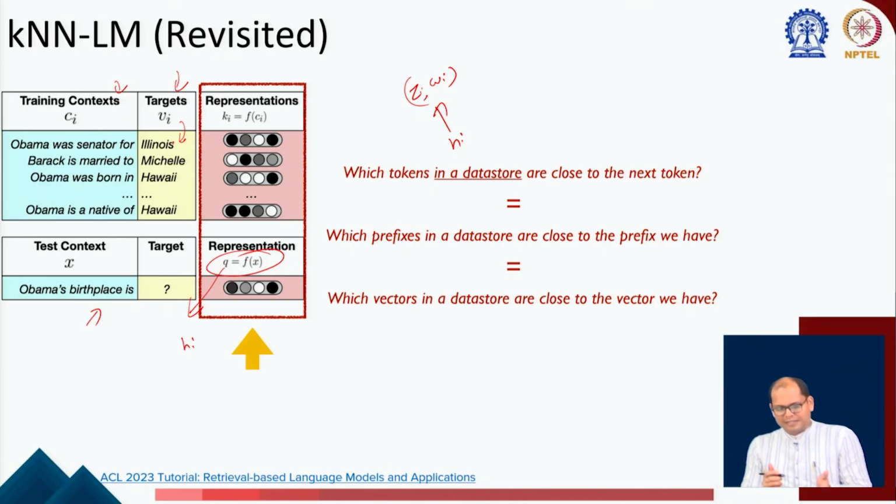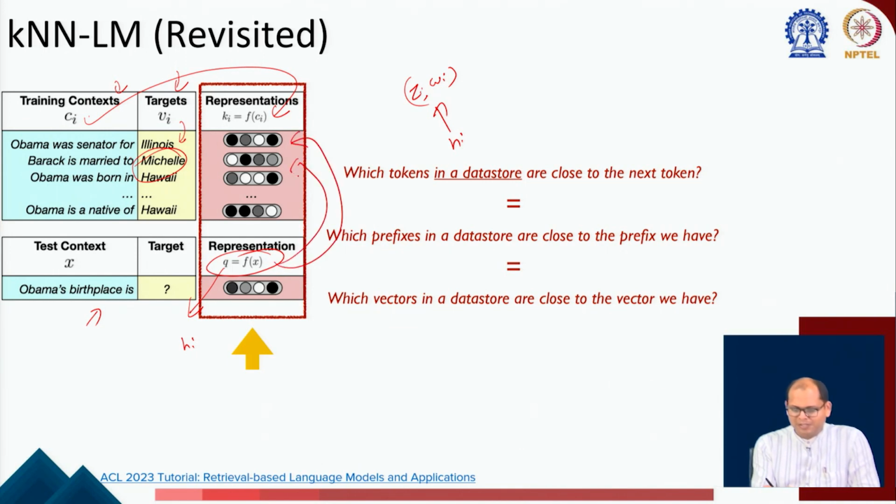So, I want to find which context is similar to the current context. If a context is similar to this, I can easily use the token that comes after it to replace here. So, the idea is that I take this context, I compute a representation, and given this particular query, I try to find which of these representations is the closest, and whichever are closest, I use the corresponding tokens to assist me in generation.